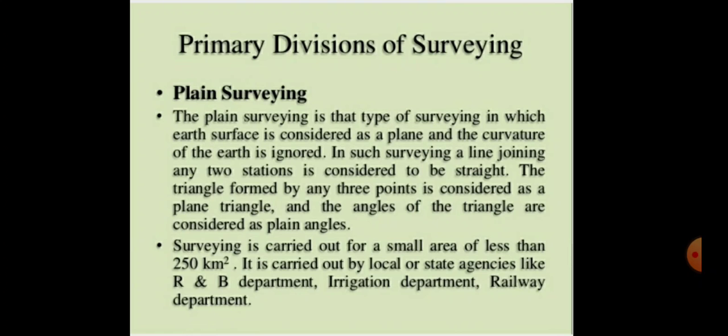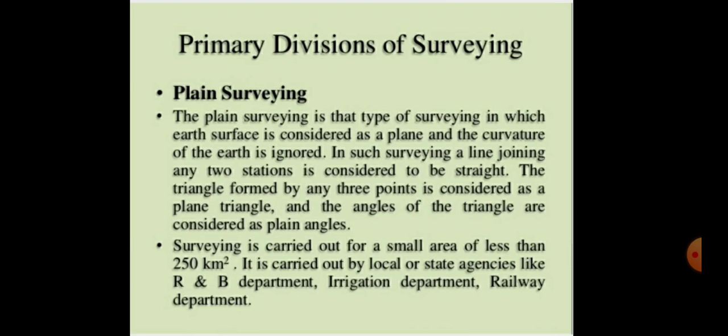If you are doing surveying for less than 250 square kilometers, then you think that the surface of the earth is plane, the line connecting two points is a straight line, no curvature, no refraction, and when you consider a small area, the area is also plane.